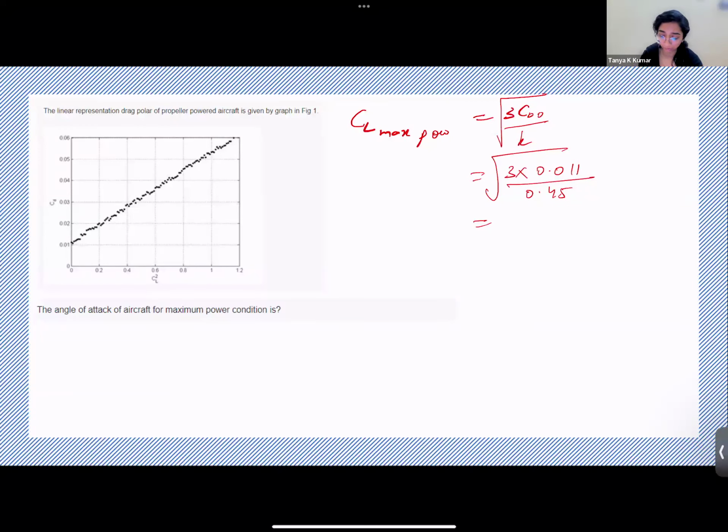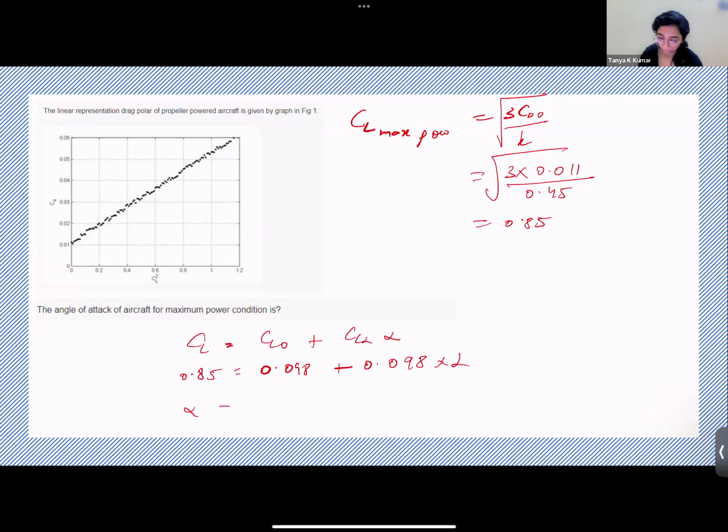So CL is CL naught plus CL alpha into alpha. CL would be this new quantity, which is, can you tell me the value? 0.885. So it will be 0.85 is 0.098 plus 0.098 into alpha.